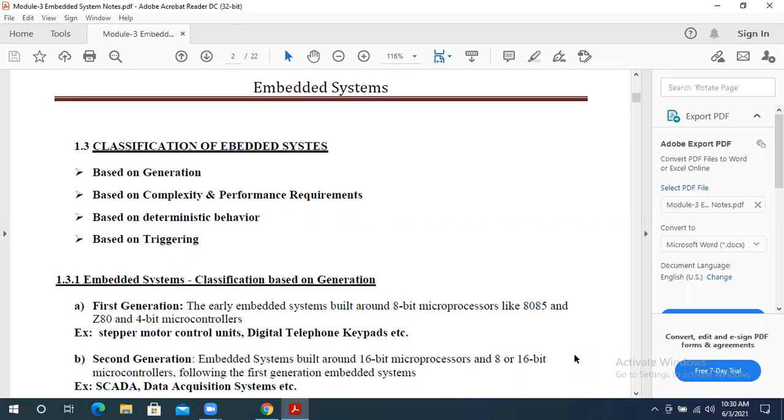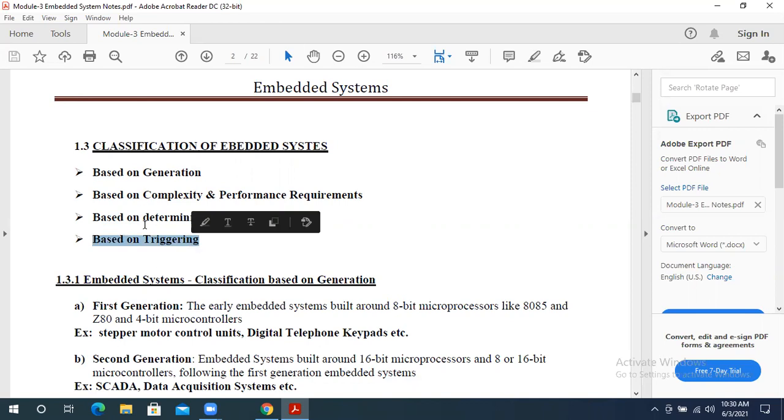To do the classification, they have some categories. The first one is based on generation, second is based on complexity and the performance requirement, third is based on the behavior, and fourth is based on triggering.